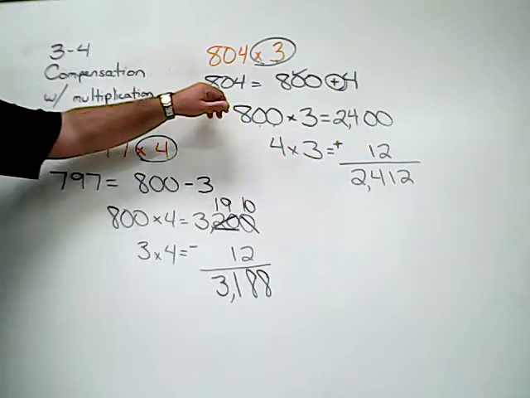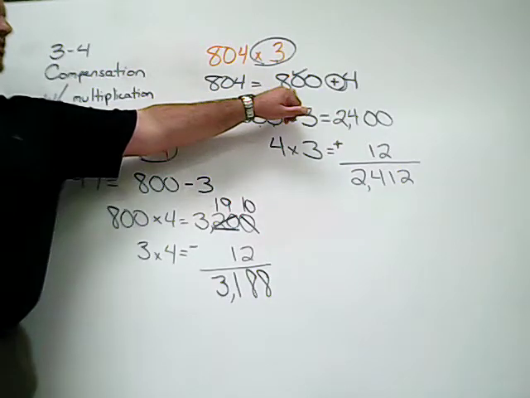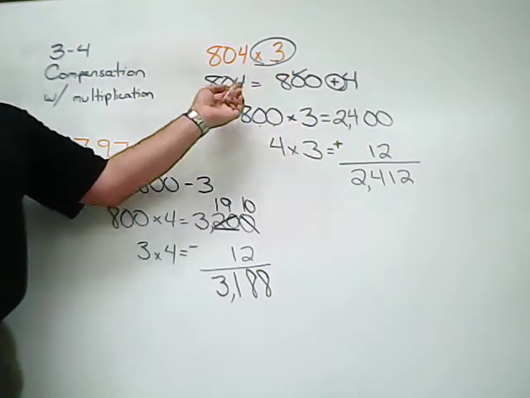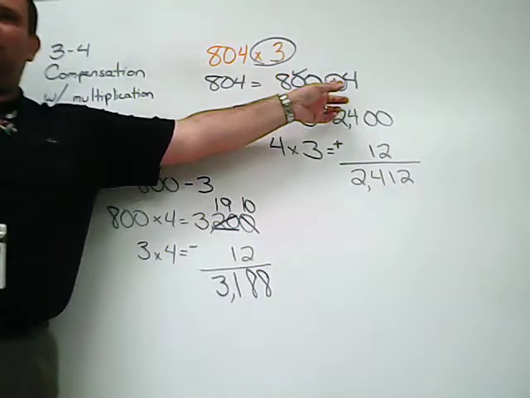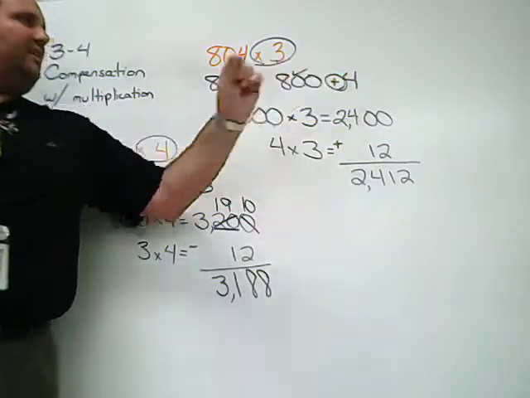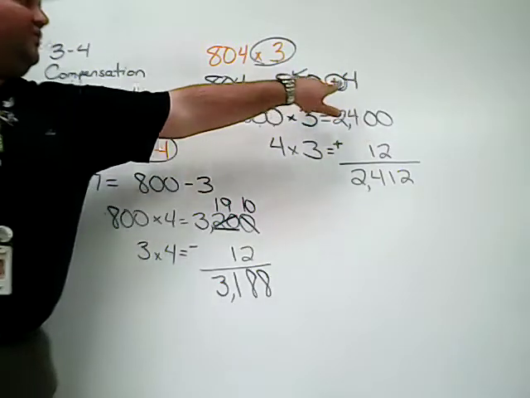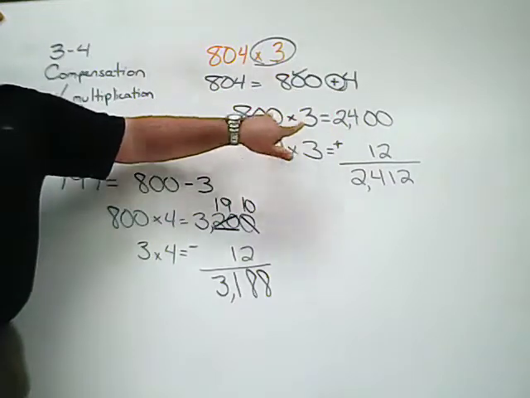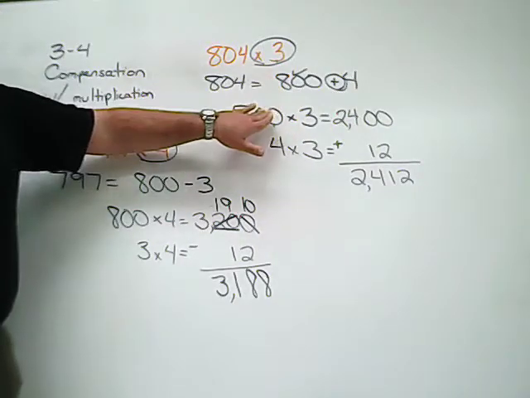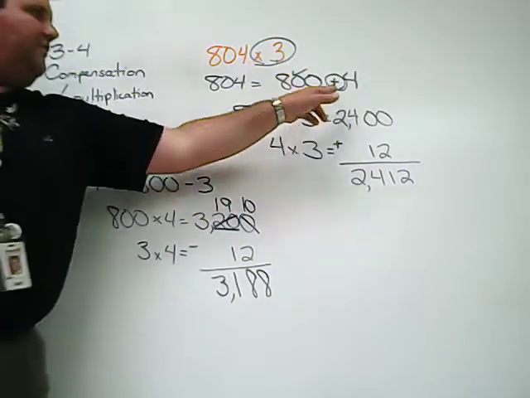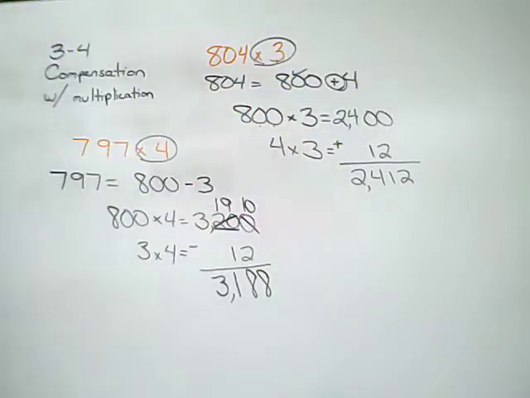Over here, 804 equaled 800. To make this equal, I needed to add another 4 to this side.